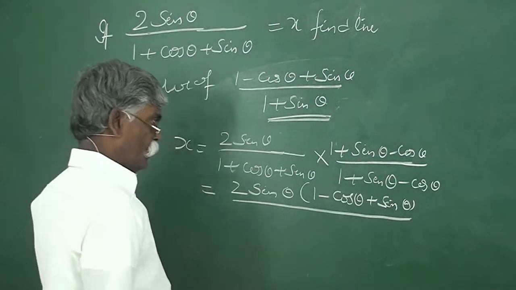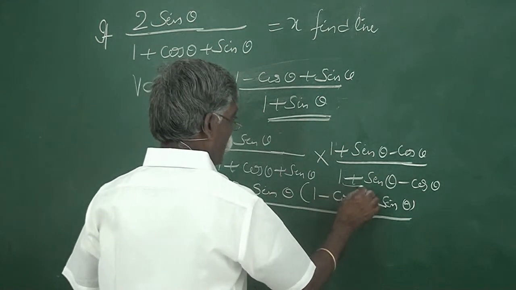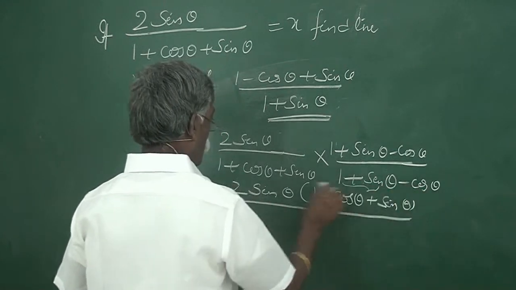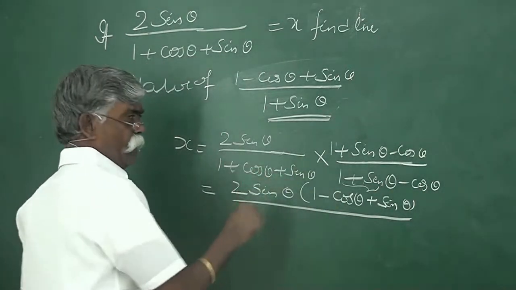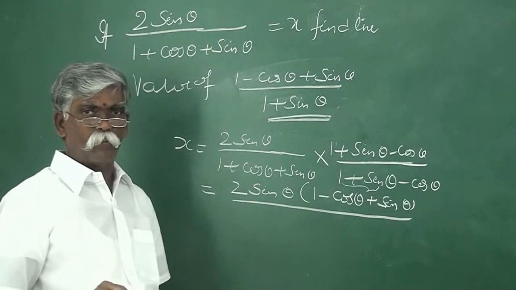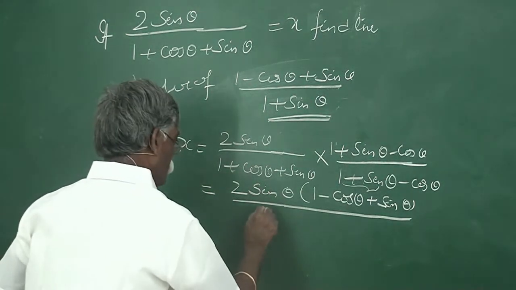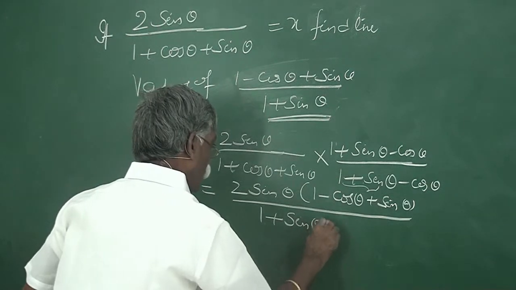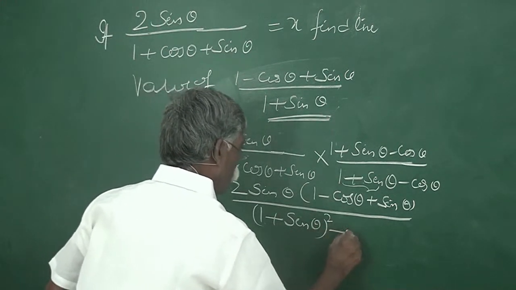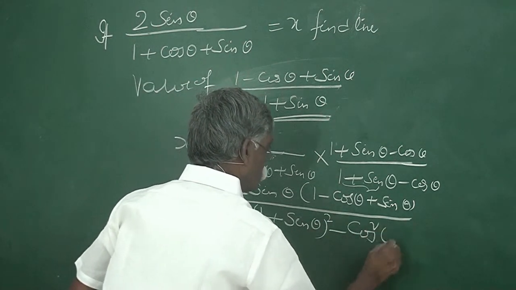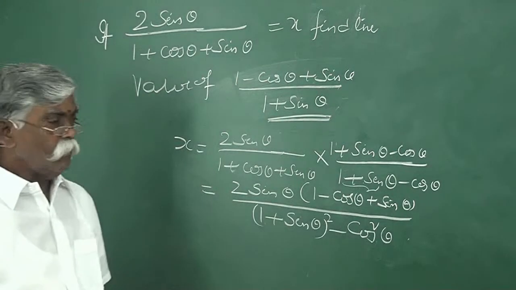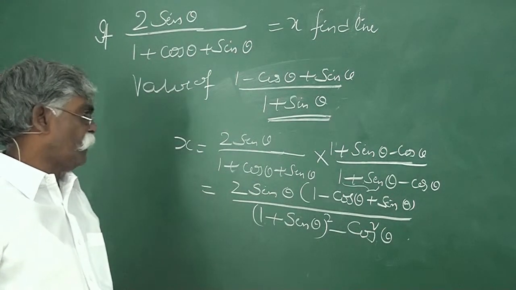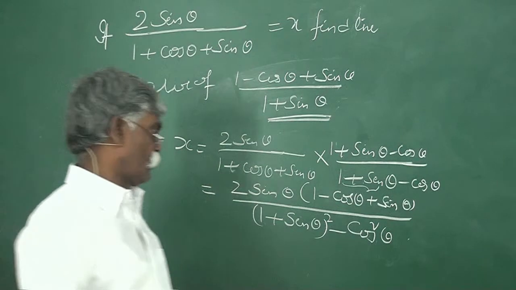Denominator is, if 1 plus sin is taken as a, this is a minus b, and 1 plus sin plus cos, a plus b. Therefore, it is 1 plus sin theta whole square minus cos square theta. A plus b into a minus b is a square minus b square.